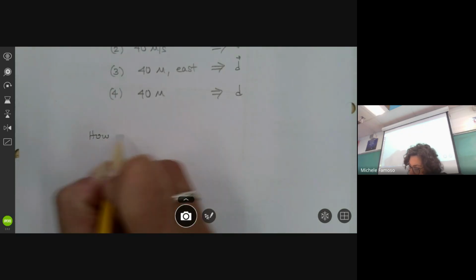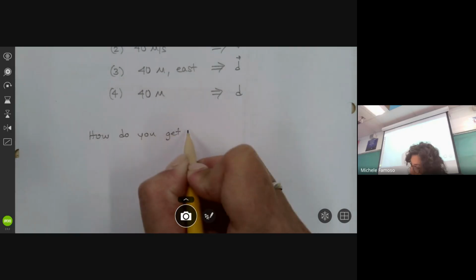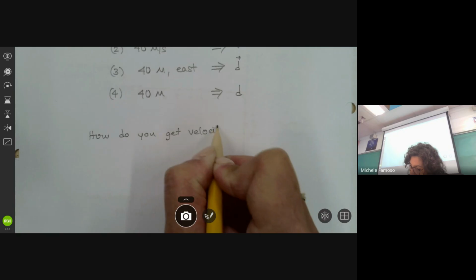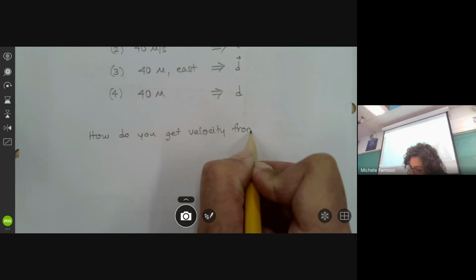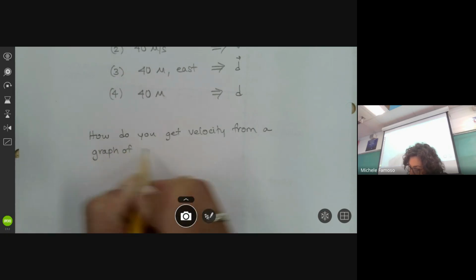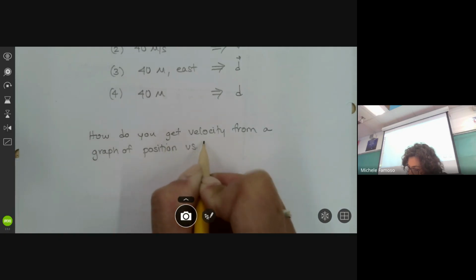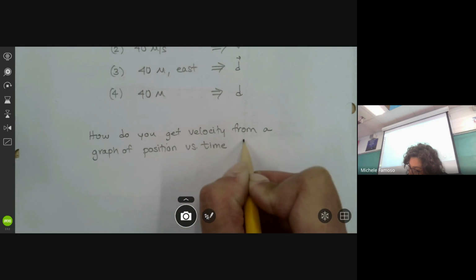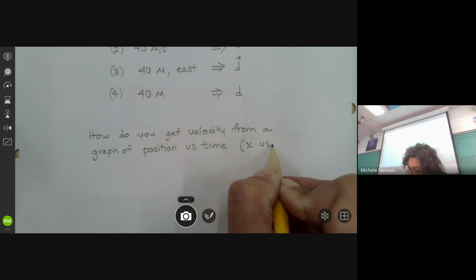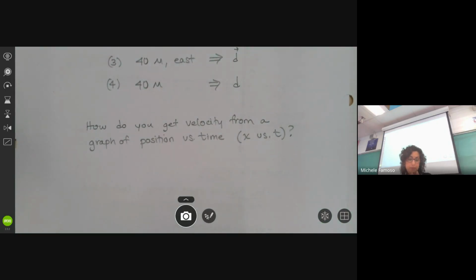So how do you get velocity from a graph of position versus time? Now, position is the letter X, so sometimes you'll see the graph titled just X versus T. Position versus time.